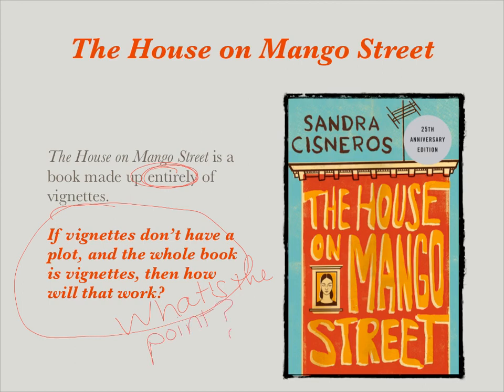What's the point? Why does the author write it? What are we trying to learn about it? What is she trying to teach us? What's the point? So with that, we will end, and you can head now to your Canvas discussion and answer this question. What do you think?